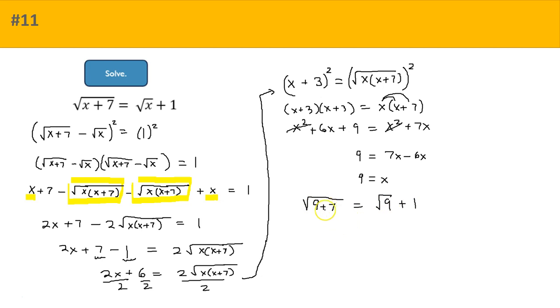Okay, 9 plus 7 is 16, and the square root of 9 is 3, plus 1. So this is 4 equals 3 plus 1, and this is true. All right, so therefore x equals 9 is the solution to our equation.